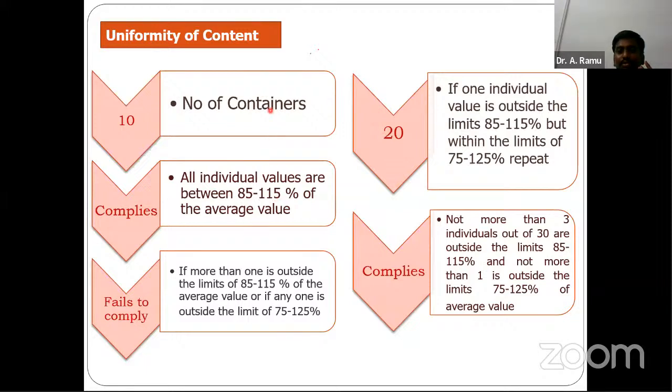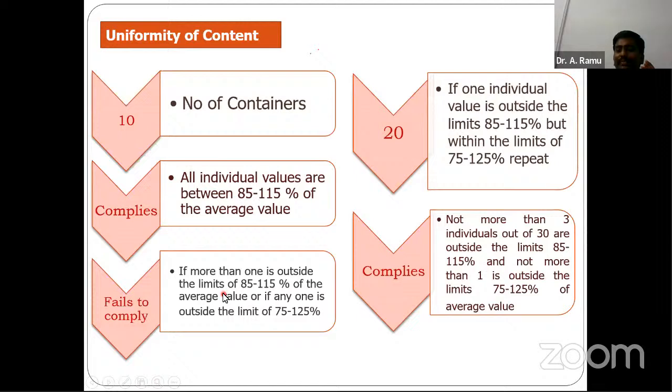If all the values are between 85 to 115%, it passes the uniformity of content test as per the Indian Pharmacopoeia. If more than one value is less than 85% or greater than 115%, or if one value is less than 75% or greater than 125%, it fails to comply with the test.